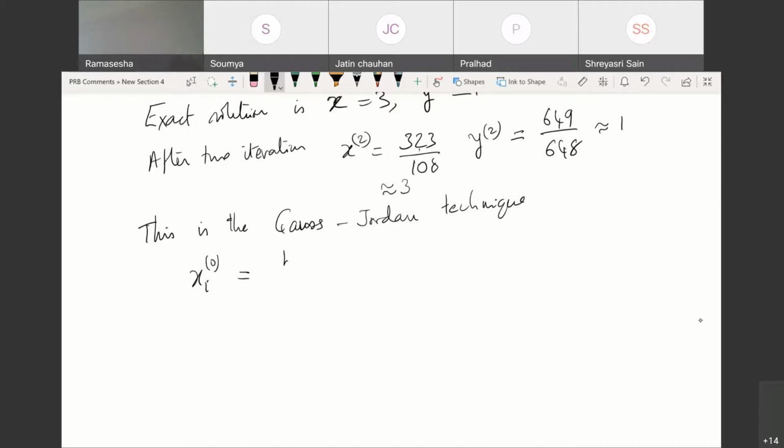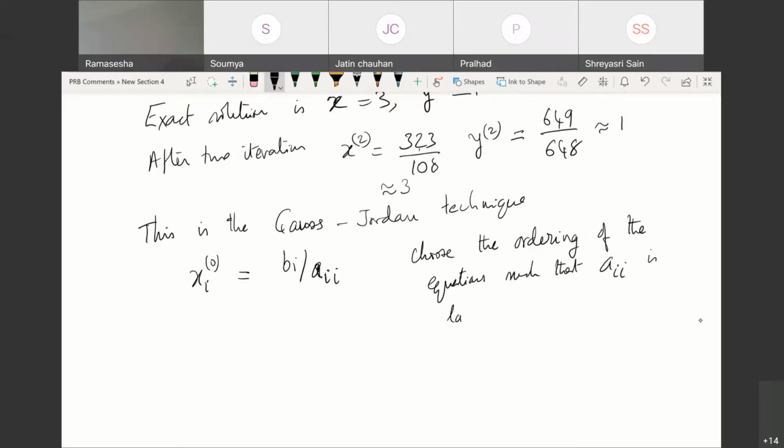Choose the ordering such that aii is large for all i.